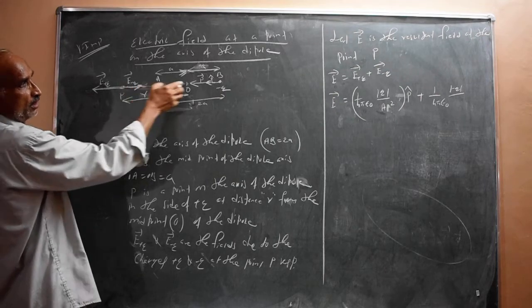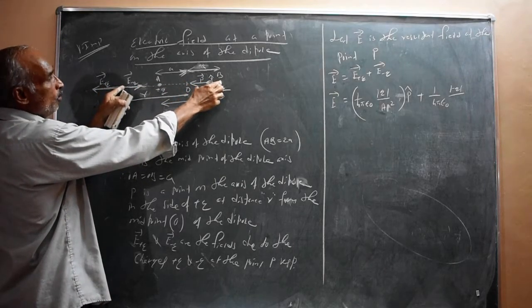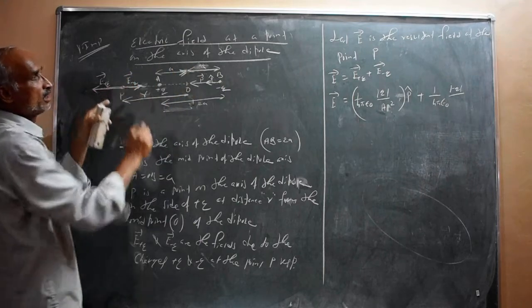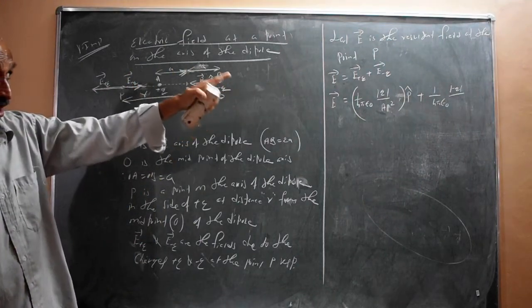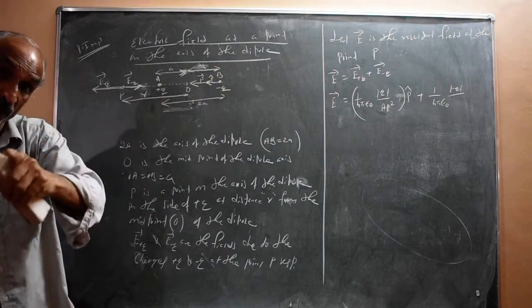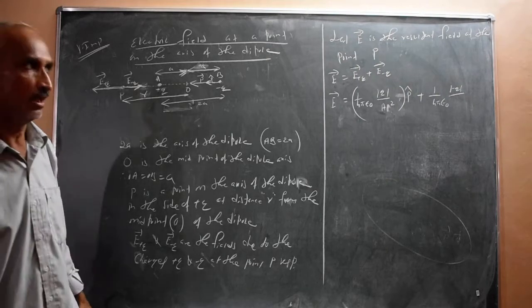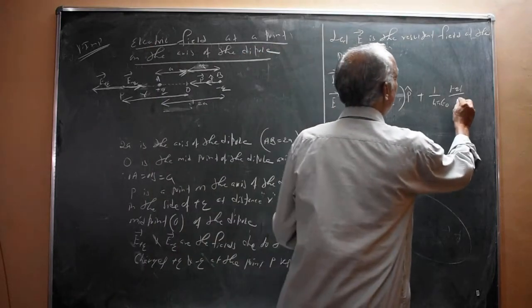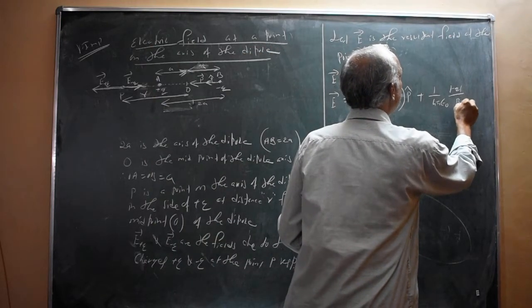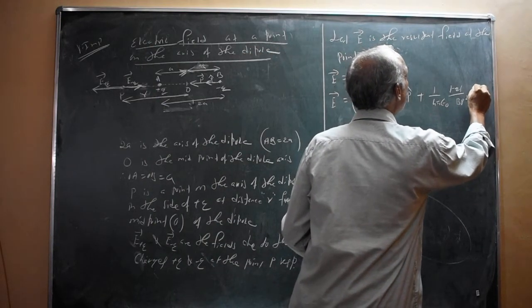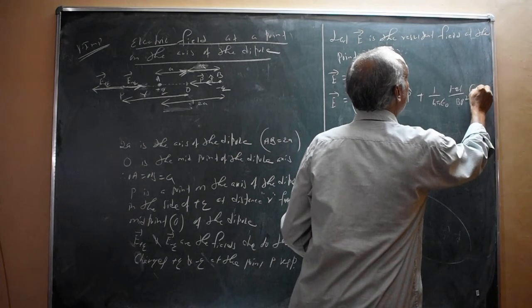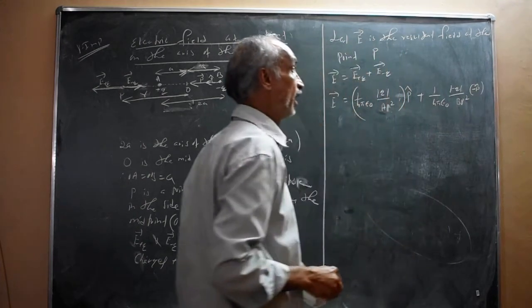Due to the charge minus Q, the distance between the point and the charge is BP square. R is nothing but the distance between the point and the charge, at the point where you would like to calculate the field. 1 upon 4 pi epsilon, upon BP square, into minus P cap. Why minus P cap?